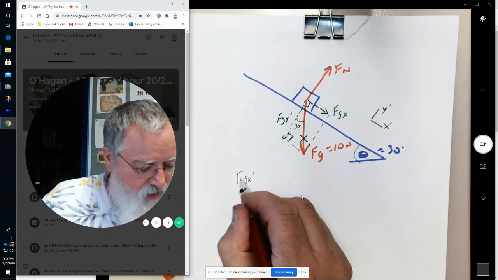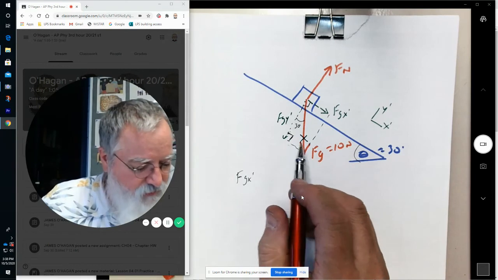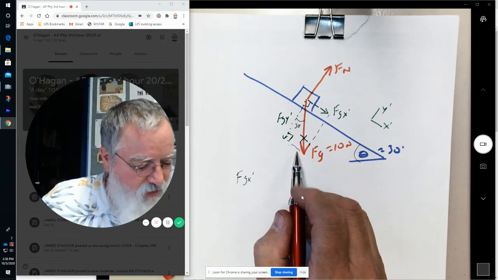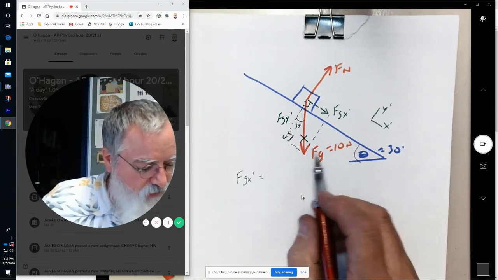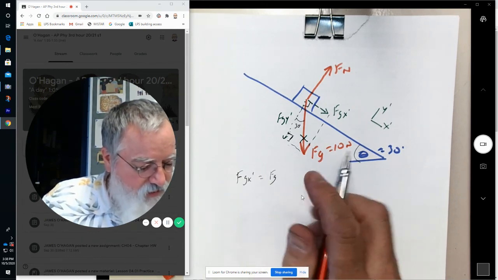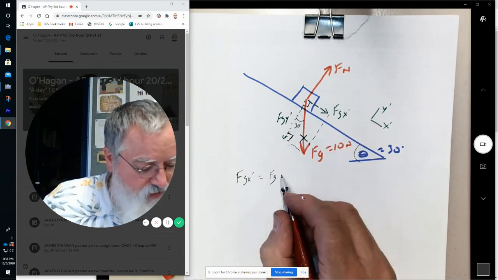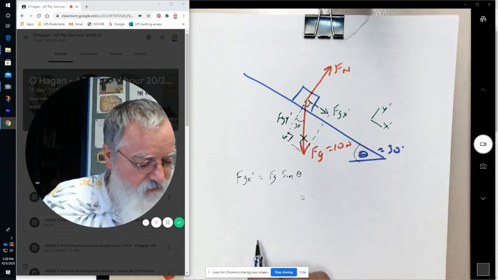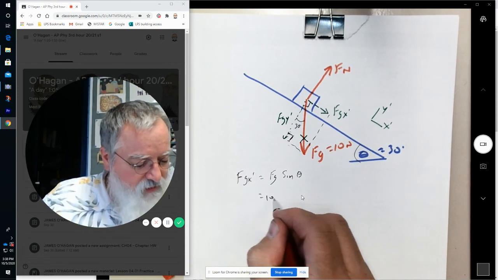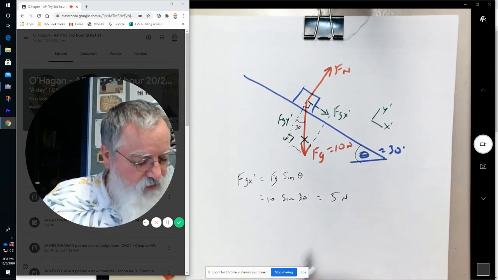Force gravity x, same as this because it's two sides of a rectangle, is going to equal the hypotenuse, which is force gravity, times the sine. This is the opposite side. Opposite goes with sine. Times the sine of the angle. 10 times the sine of 30 degrees. That's going to be 5 newtons.